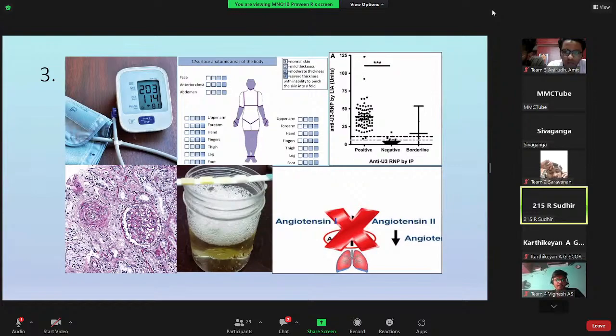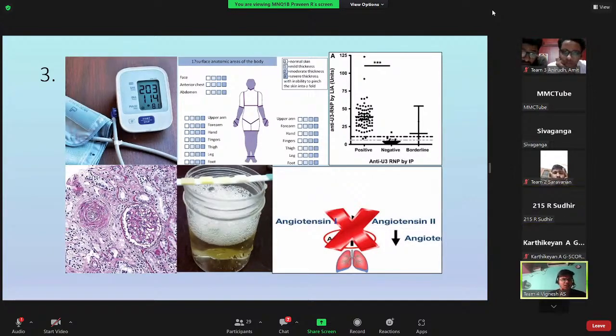Team 2, I'm not taking your bounce answer. So Teams 1, 3, 5 and 6 have bounced. Team 4, do you have an answer? Scleroderma renal crisis. Sorry, can you repeat that? Scleroderma renal crisis. Yeah, that is correct.